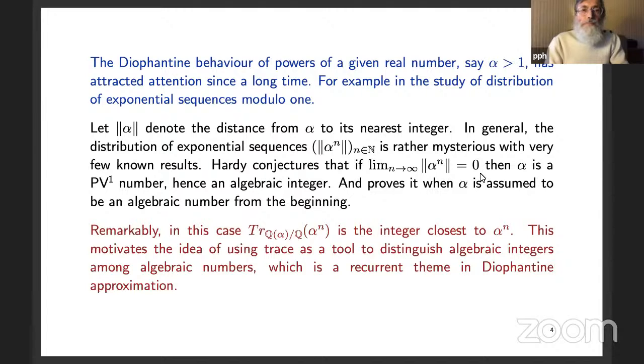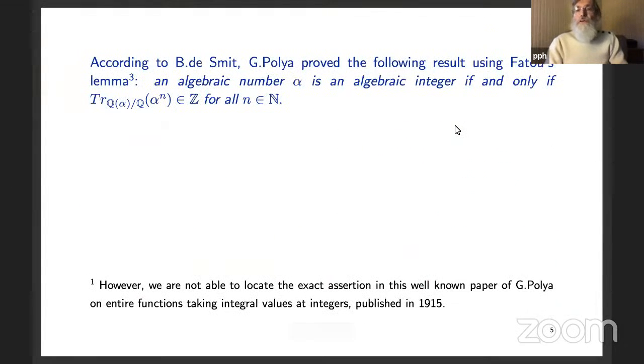According to Bart de Smit, there is a result due to Polya. Bart de Smit states the result which he attributes to Polya. And the result says that if the trace over Q of alpha to the n is an integer for all n, then alpha is an algebraic integer.